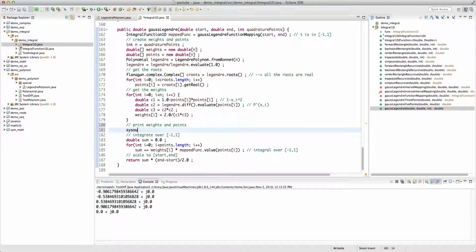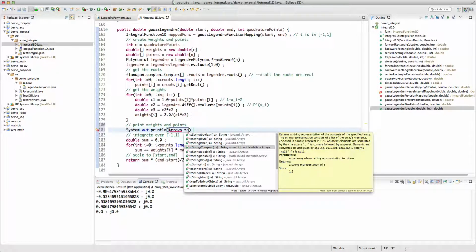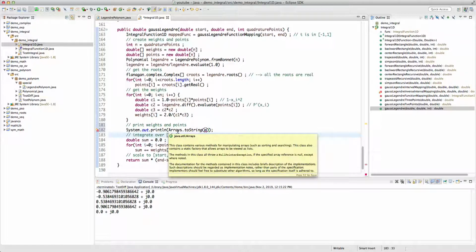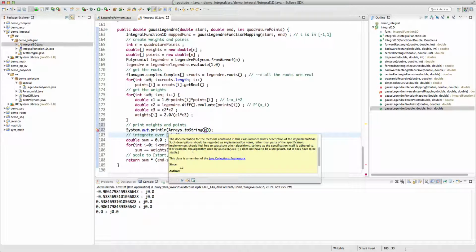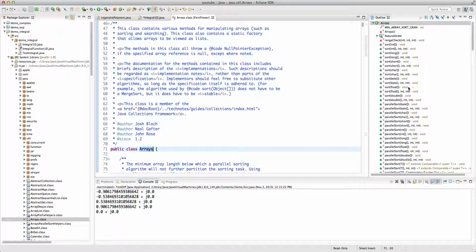So we do a sysout on, let's say, arrays to a string of a double. Let's go to the arrays class.